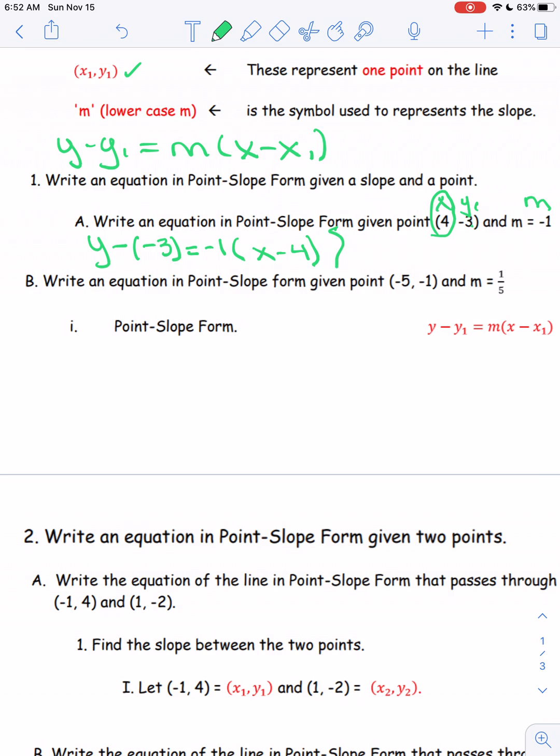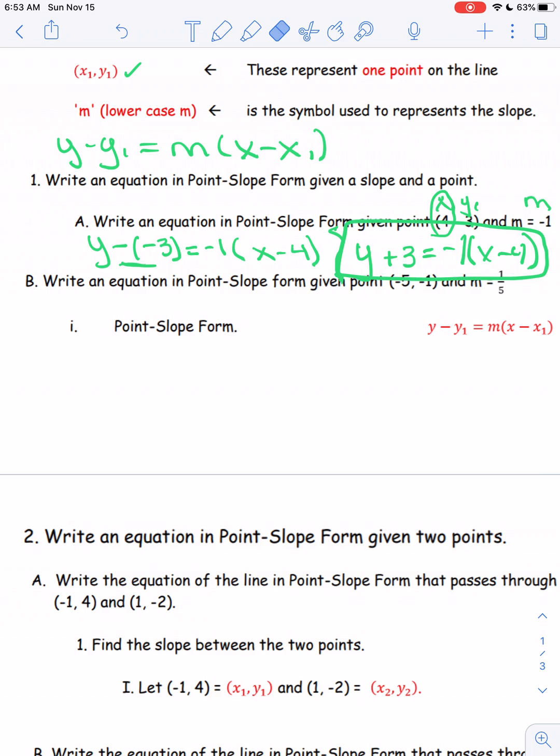You don't have to do much. I'm going to get rid of this minus minus, we don't like that so much. So I'm going to make that y plus 3 equals negative 1 times x minus 4. Don't be tempted to distribute that negative 1, because then it wouldn't be in point-slope form anymore. So we're just going to leave it like that and consider it done.